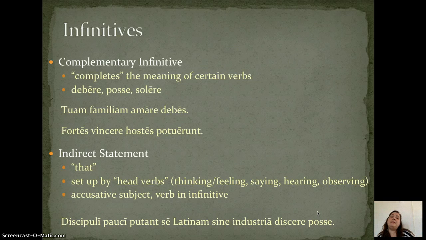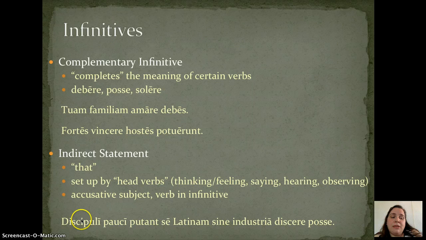Instead, the Romans would have this head verb and then have the subject of the indirect statement put into the accusative, and then the actual action of the indirect statement was expressed through an infinitive, okay? And how we translate these into English are things like, I hear that, I feel that, I think that, and so on and so forth, okay?